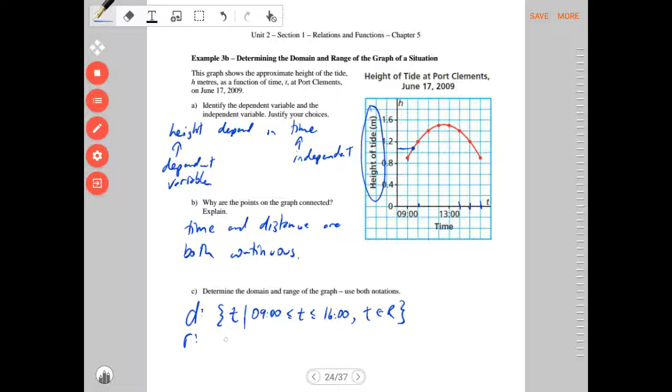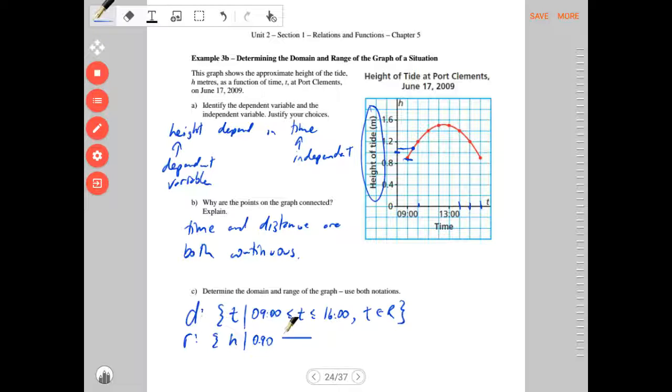The range is the height. That measures from, so let's see, each one of these is 0.2 of a meter, so that's 0.1, so that's 0.9 meters. 0.90 meters is where we start. We don't need the units on there, sorry.